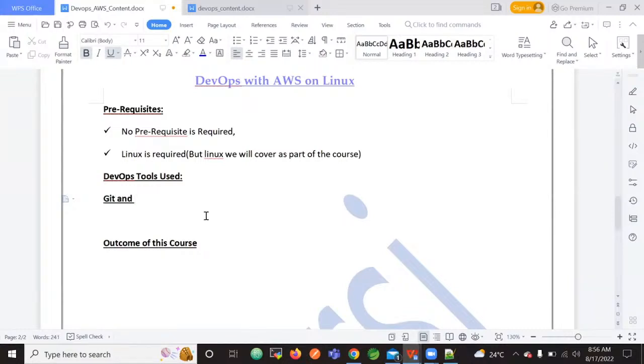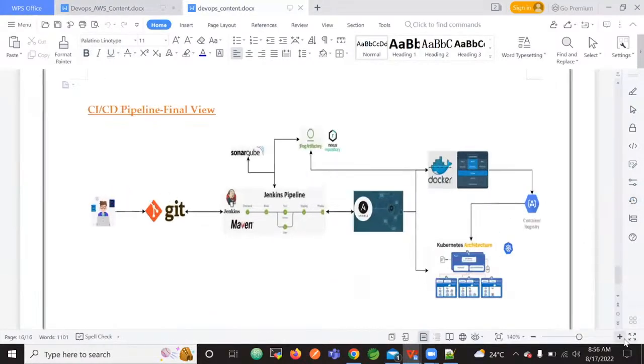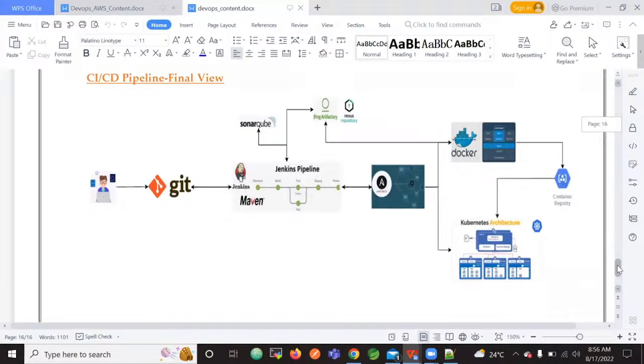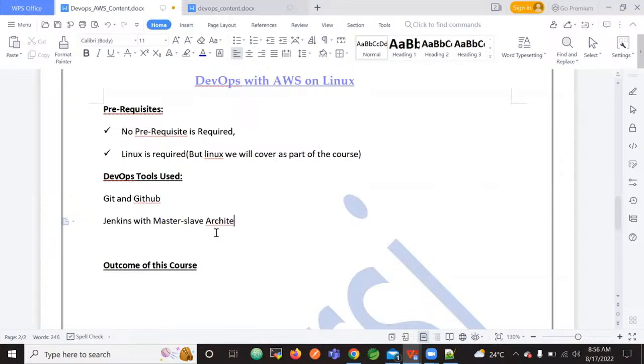However, now let us see what are all the tools that we are using. So Git and GitHub. Let us go to our architecture diagram. Hope you will be able to see this architecture diagram. What we are using: Git and then GitHub. Then we are using Jenkins with the master slave architecture, very helpful. Then Maven.